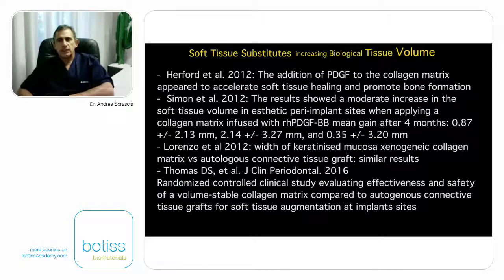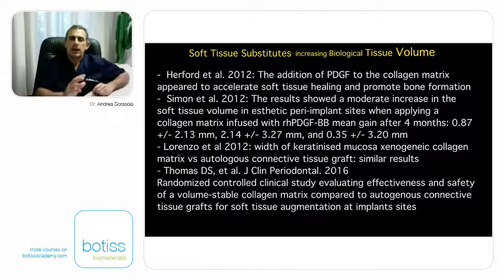Recently, published research in the Journal of Clinical Periodontology 2016 proves that the augmentation of the soft tissue at the implant site results in similar tissue volume increase after 90 days between collagen matrix and the connective tissue graft. But we must underline that this is in only a 90 days follow-up.